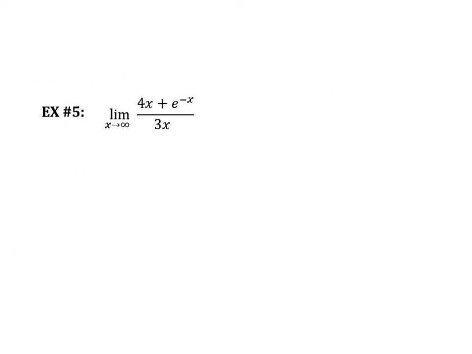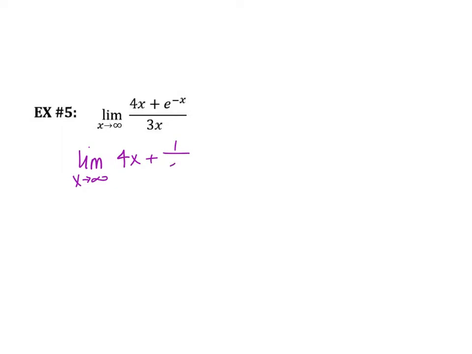Either one would work. All right, number 5, with this one, again, going through the same process, it's a good idea to look at individual limits here. So the limit of the numerator as x approaches infinity, that's going to give us 4x plus 1 over e to the x. So that looks like that's going to be shooting off toward infinity. And then the limit as x approaches infinity of 3x, that again is going to be going toward infinity.